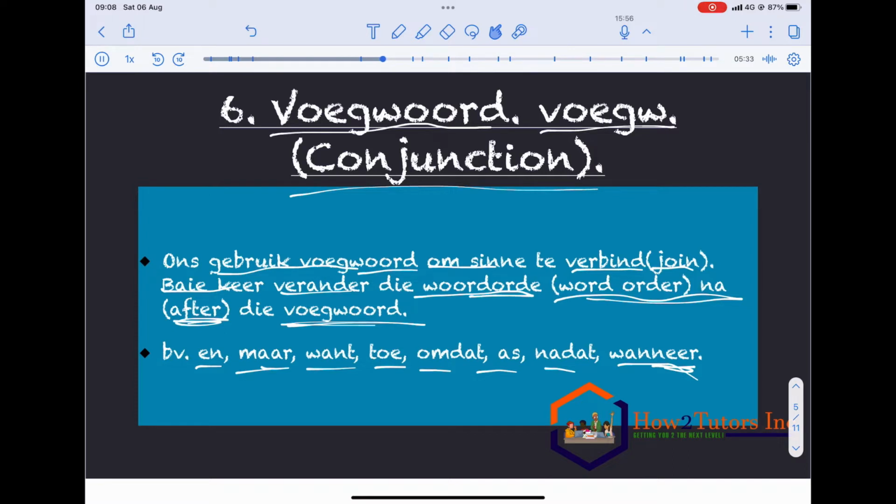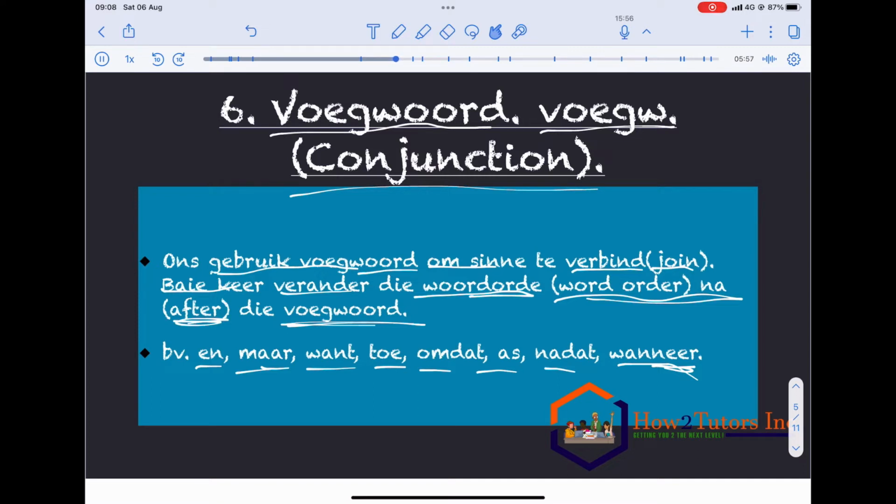So it's better to say join sentences instead of saying combine, because when you combine, you mix everything up and then you basically change everything. But when you join, you just bring two parts together. So they can exist as individual sentences, but now you're choosing to join them using a conjunction, a certain word, your voegwoord.